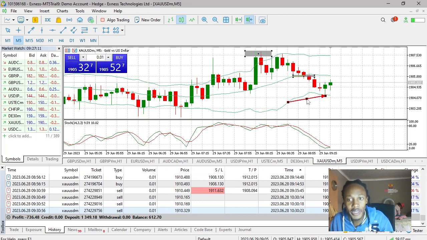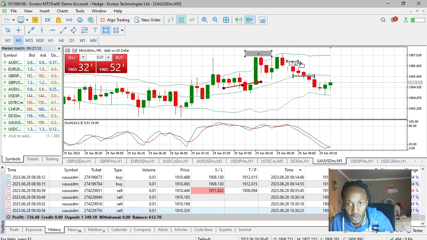Every time it closes below the band, the outside band opposite from where you got your entry, that's your TP. Wait for it to close first. Then this is your SL, your stop loss. Here's your stop loss, the previous swing low.